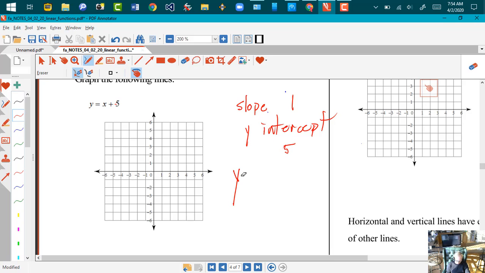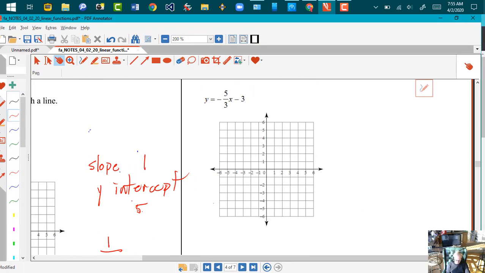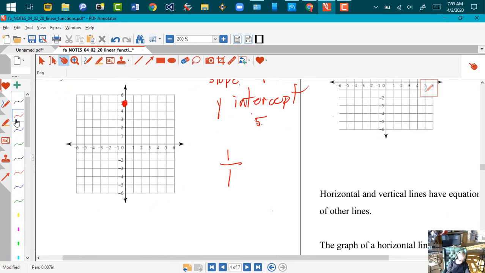well, when I graph it then, I go to the y-intercept, okay, and then I turn the slope into, I write it as the rise over the run. So I write the slope as a fraction if it isn't a fraction already, and I count rise over run.